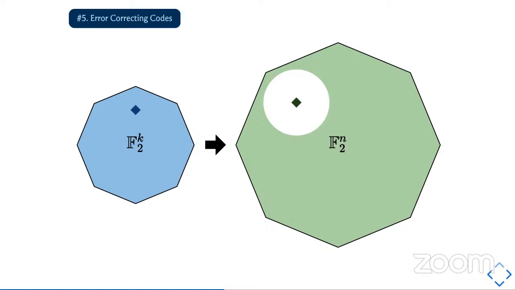In general, you want to keep a t-ball around your things that have pre-images clean. That would mean that the distance between any pair of code words should be at least 2t plus 1, right? Because otherwise you have your balls colliding, which is not nice.